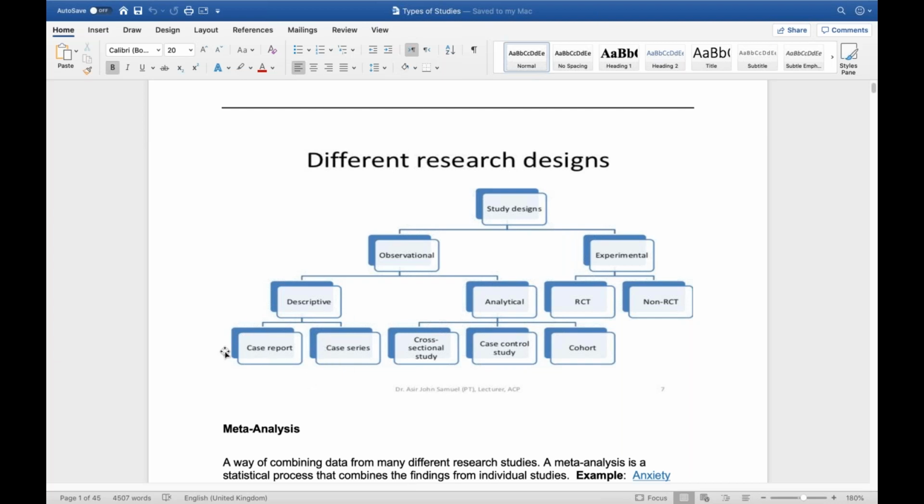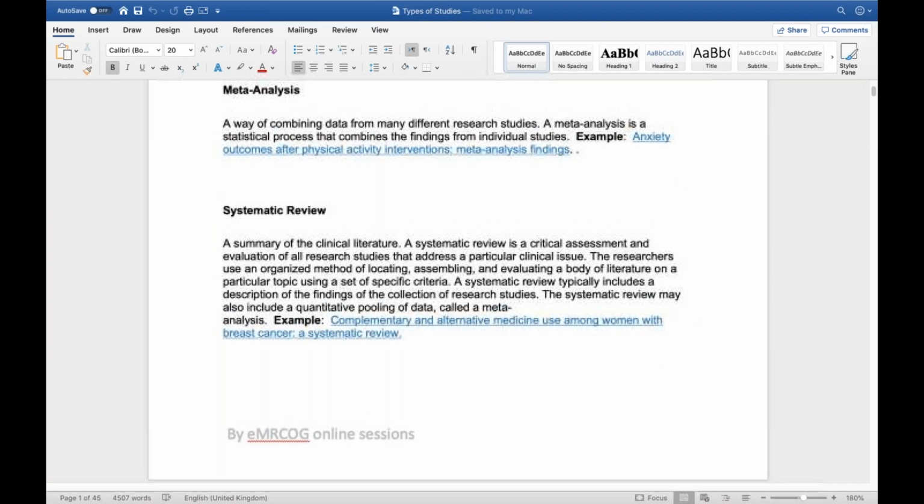So you can systematically review papers of all these types. Some people even mix two types of studies in their systematic review, but let's not make things complicated now. A systematic review is going through the literature and reviewing the studies which have been done on a certain topic using a specific question.